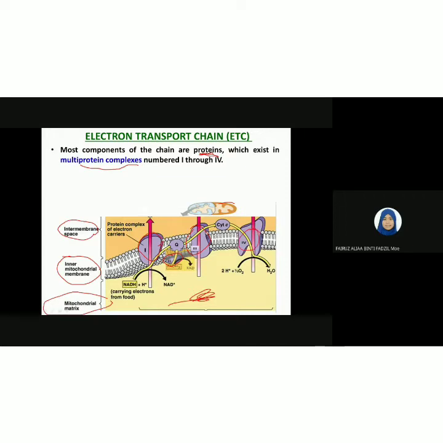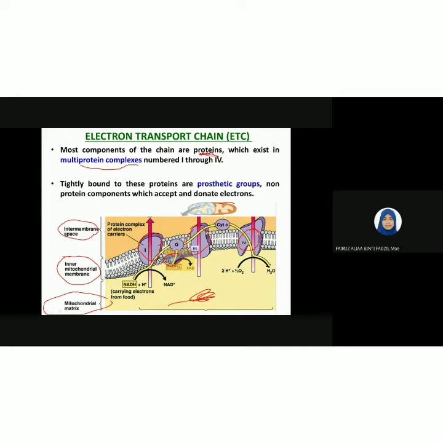So altogether in one electron transport chain system, there are 4 protein complexes, number 1, 2, 3, and 4. Actually these protein complexes have their own specific names, which we will learn later, but to easily say, we just number them 1, 2, 3, and 4.